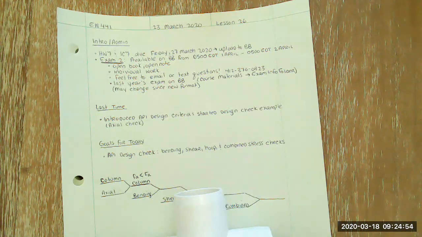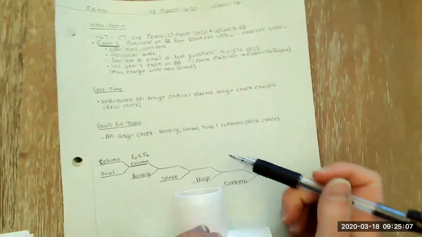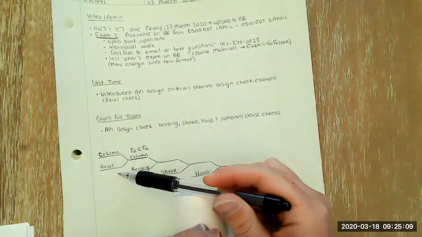Anyways, getting down to business. Last time we talked about the API design criteria. We did a bit of an introduction lecture, and we started our design check. We completed our axial check, and so if we're following our bracketology, we had column against the axial check.